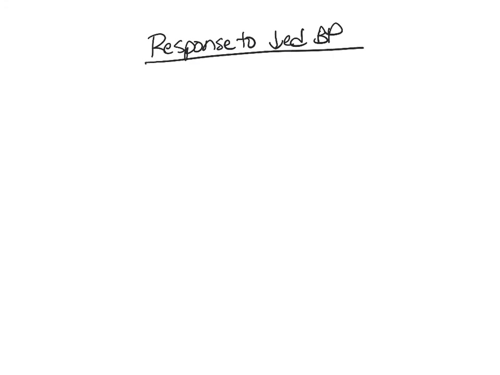So to do a recap of this, if we look at the body's response to decreased blood pressure, that's when the RAAS system kicks in. And that's because if you have decreased blood pressure, that means you have decreased blood flow to the kidneys.